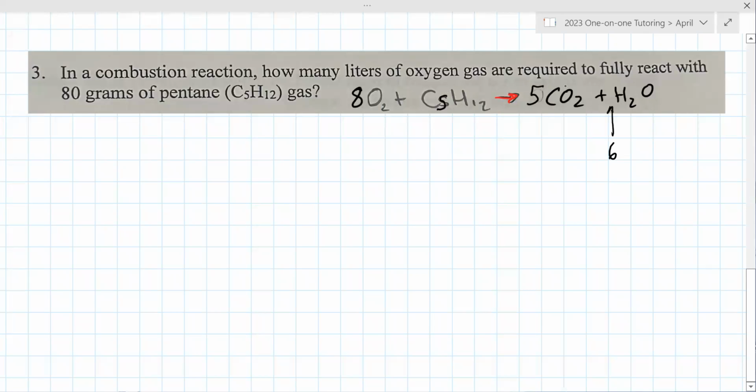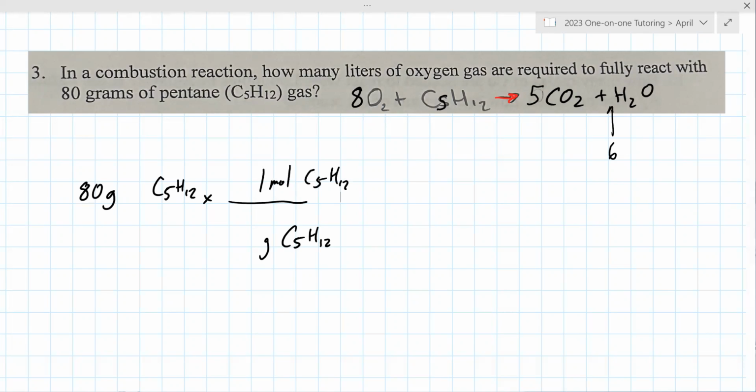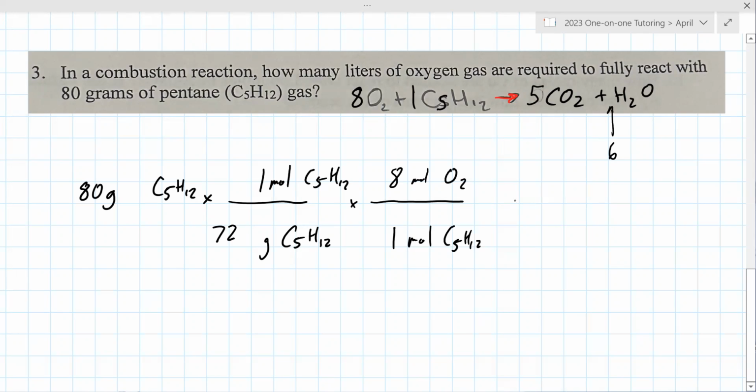How many liters of oxygen are required to fully react with 80 grams? So you start with 80 grams of C5H12. Always go to the molar mass, grams in 1 mole of C5H12. I got 72-ish right there. And then mole conversion. So 1 mole C5H12, but they want how many liters of oxygen gas are required. So that's the 1 mole C5H12 to the 8 moles of O2.